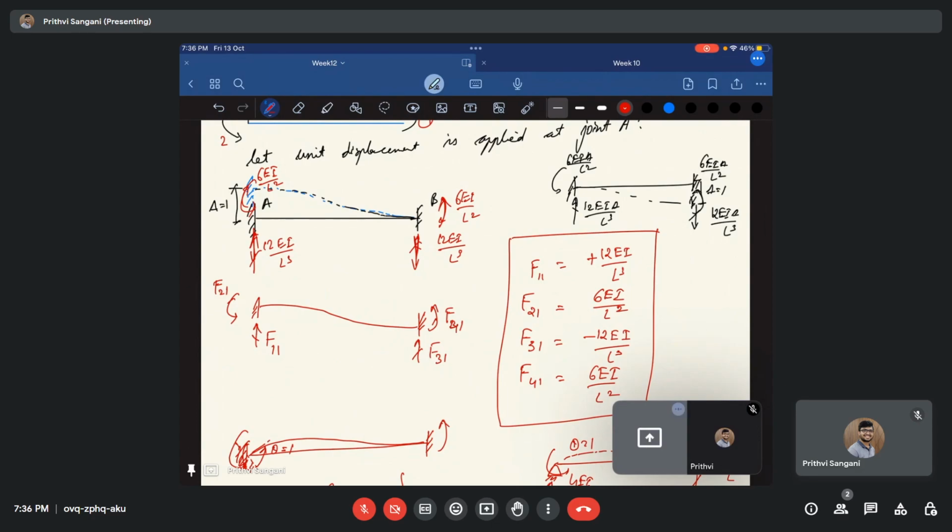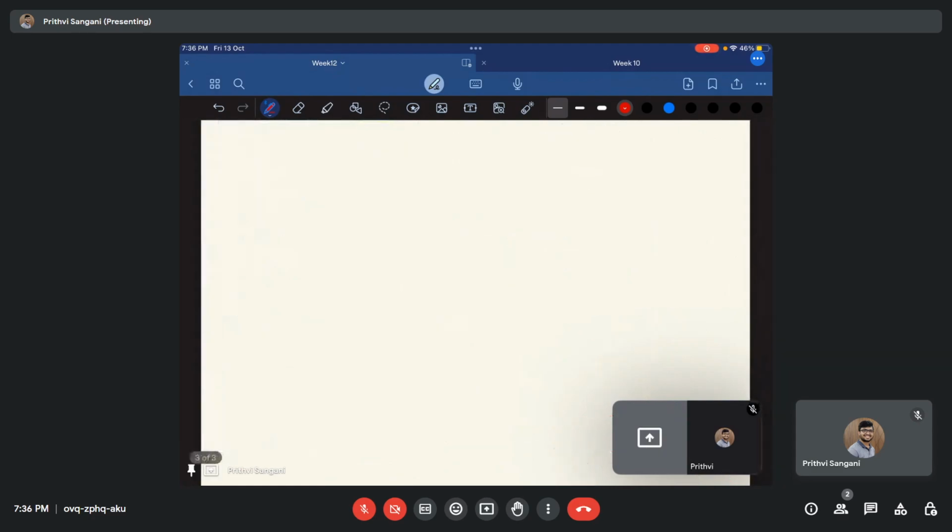Now the forces are nothing but, again we said it is k into d. This is again the matrix multiplication. So F, now again coming to the size of the matrix, it depends on the degrees of freedom.